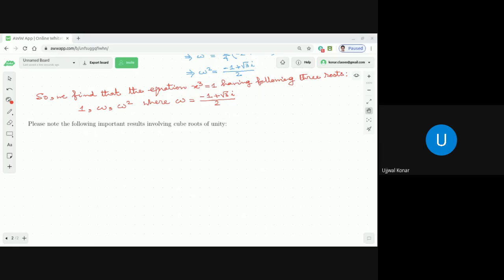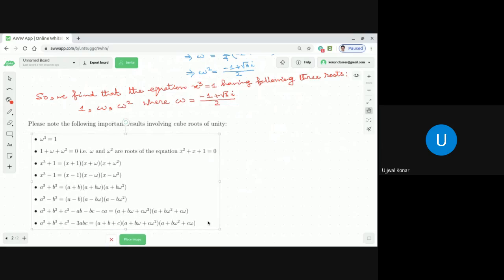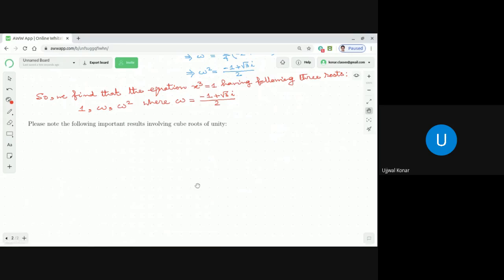What are those? I'm just going to write it out here, dear students, and then I will explain. First point: omega power 3 is equal to 1.